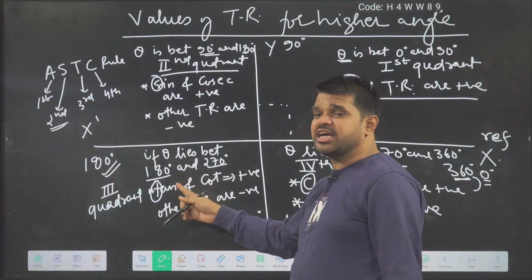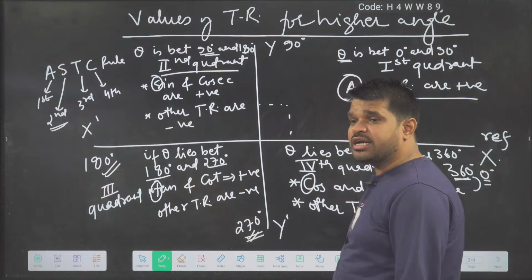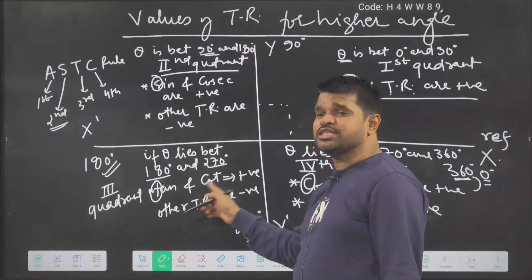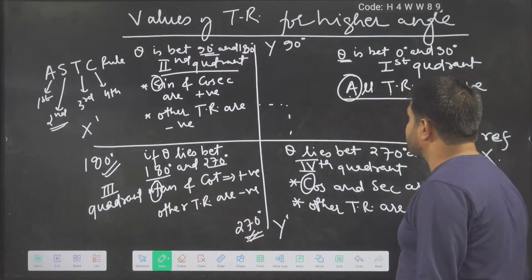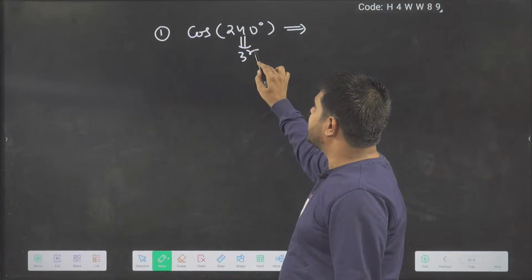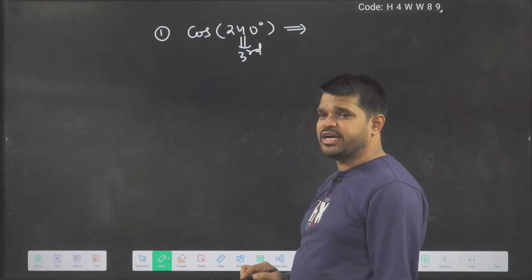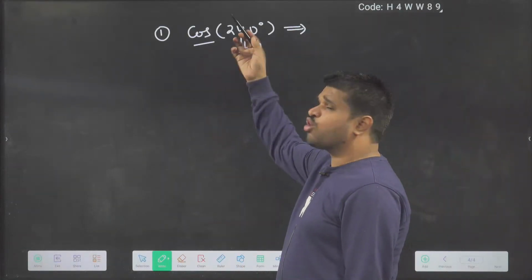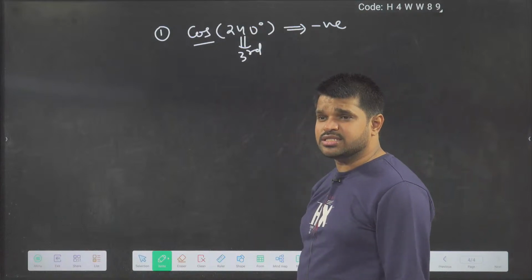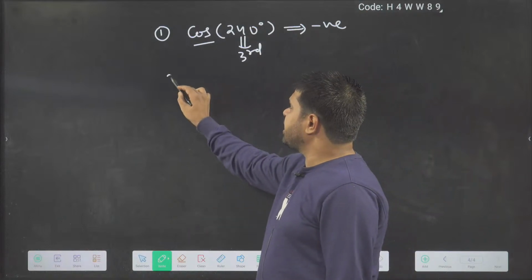What is positive here? Tan. Others are negative. From 180 to 270, only tan and cot are positive. So this is the third quadrant. In the third quadrant, cos is not positive. So what is the answer? Negative.